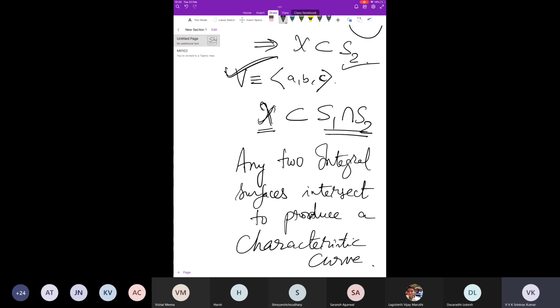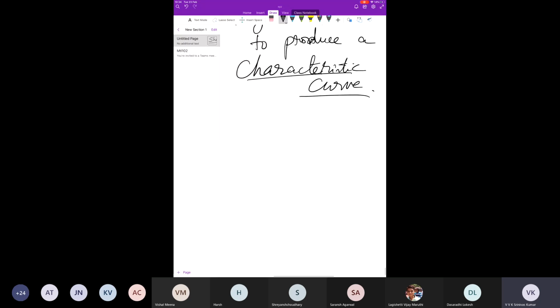Any two integral surfaces intersect to produce a characteristic curve. So indirectly we proved that. Take any characteristic curve, it has to be in the intersection.